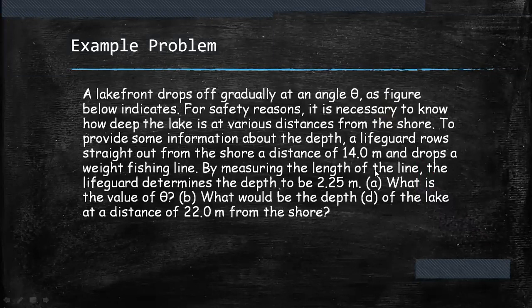By measuring the length of the line, the lifeguard determined the depth to be 2.25 meters. A. What is the value of theta? B. What will be the depth d of the lake at a distance of 22 meters from the shore?